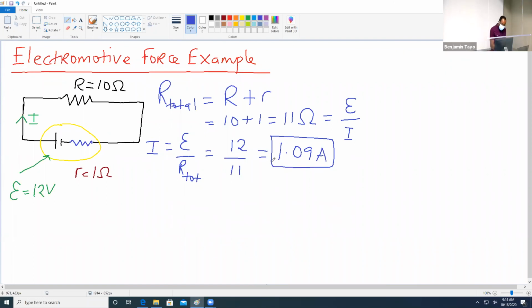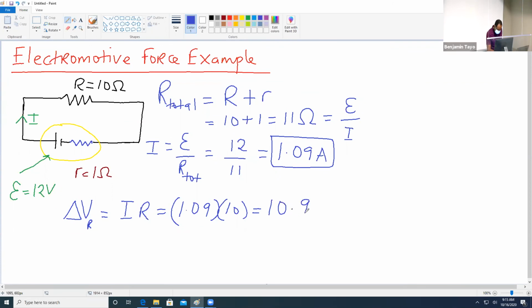Now, if this is the current, then I can calculate the voltage across the resistor. It's just going to be I times R, which is 1.09 times 10. Again, this is the difference.